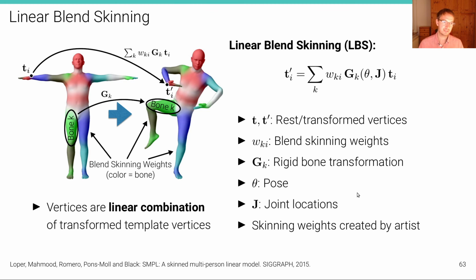In linear blend skinning, the goal is for each vertex on the template mesh to find the transformation to the mesh in target pose, as illustrated here on the right. So here we have a template. This is in T pose. We want to find for each of these vertices, or for each point on that surface, the transformation that transforms that to the corresponding point on the surface in target pose.